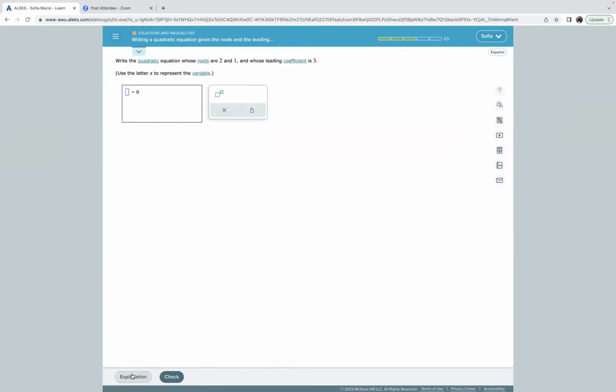Okay, I'll try this one. This is simple now that I remember how to do it. Okay, x minus 2, x minus 1.